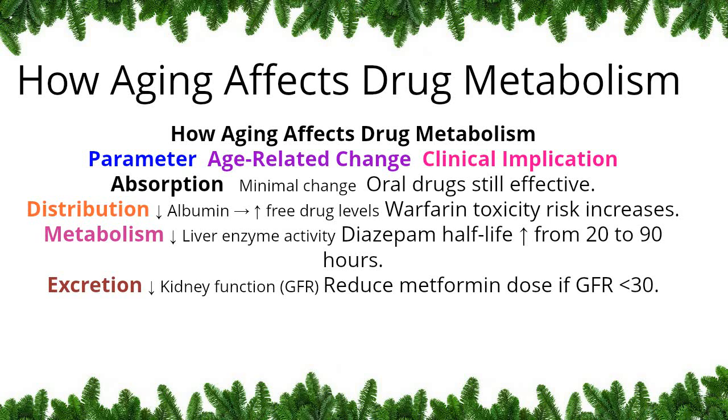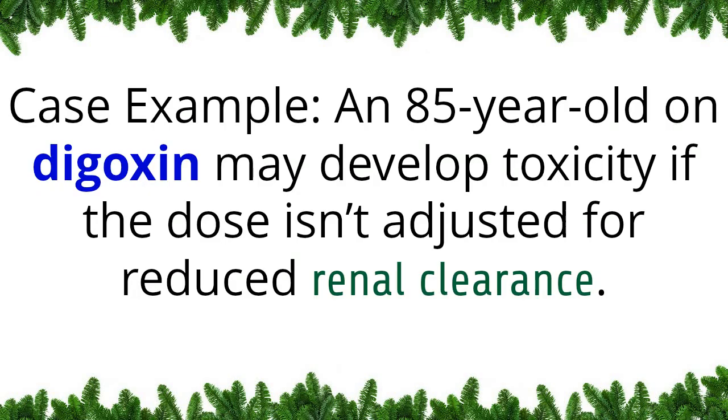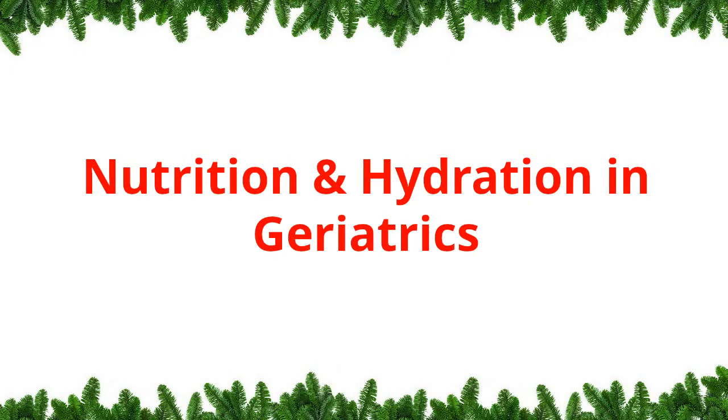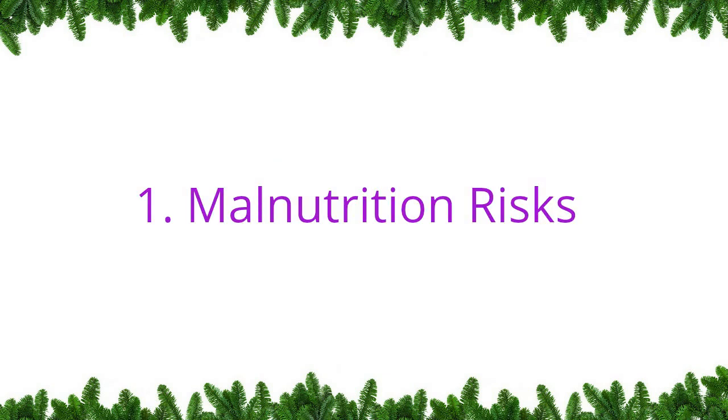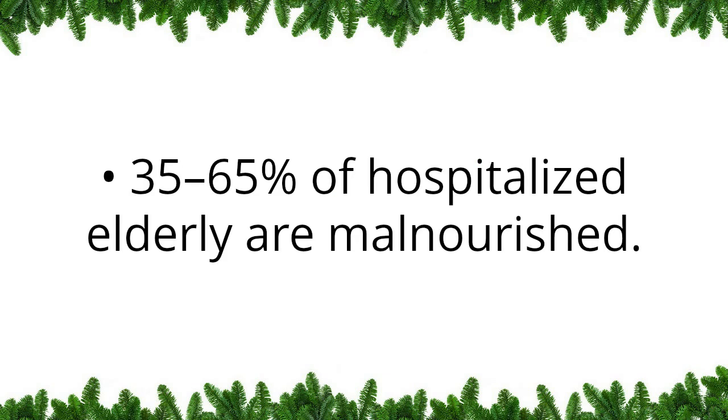Okay, so dehydration is also one of those conditions that is part of the geriatric syndrome. Dehydration and malnutrition are two conditions that we see. In terms of malnutrition risk as part of the geriatric syndrome, we see that 35 to 65% of hospitalized adults are malnourished.